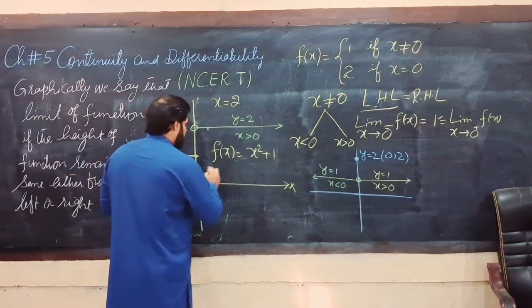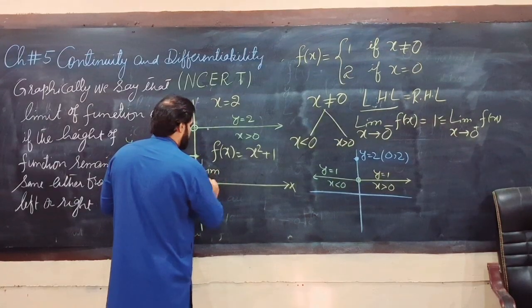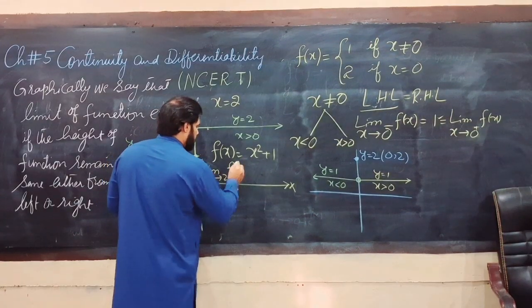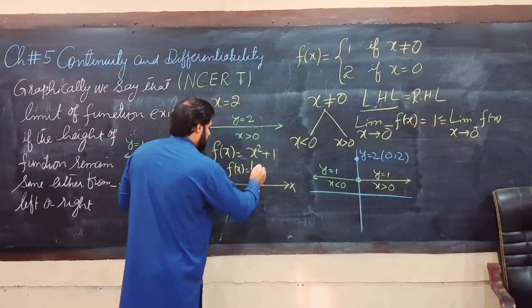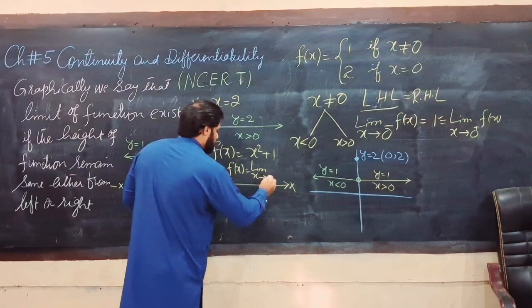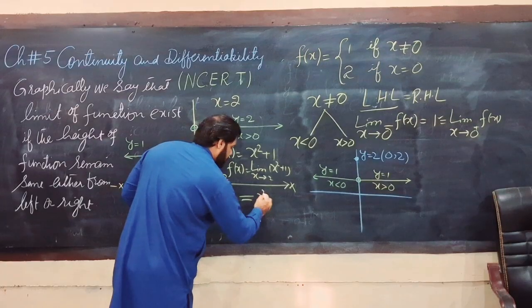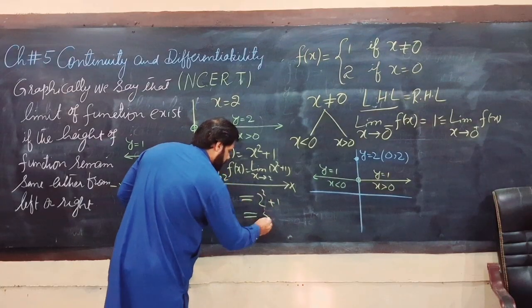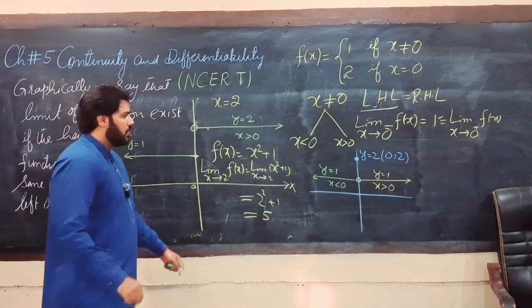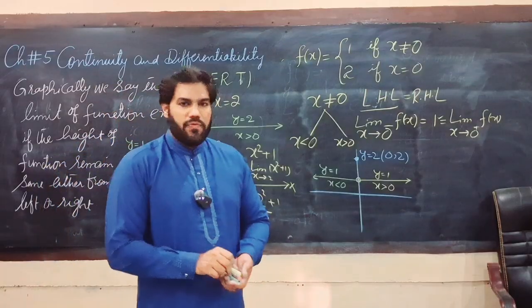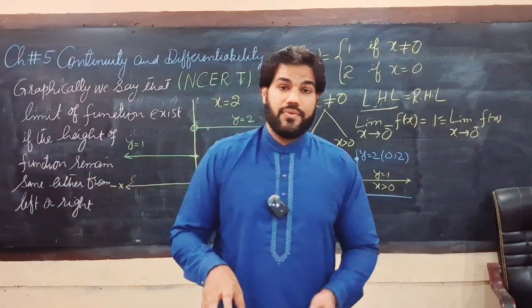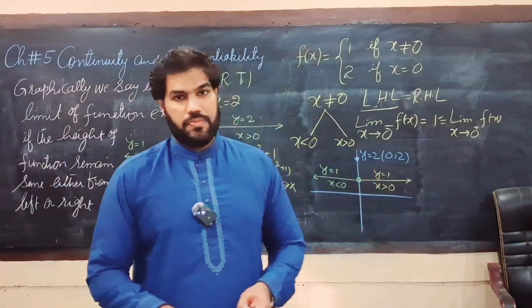So you will directly evaluate the limit as x approaches 2 of x square plus 1. This is equal to 2 square plus 1, which is equal to 5. So the concept of left hand and right hand limit will matter if your function is a piecewise function.